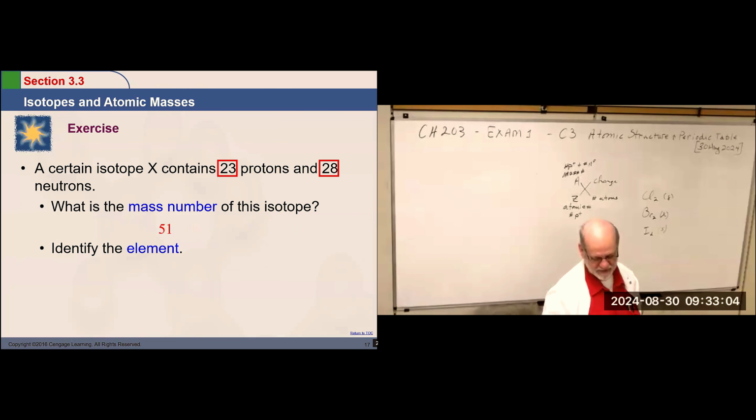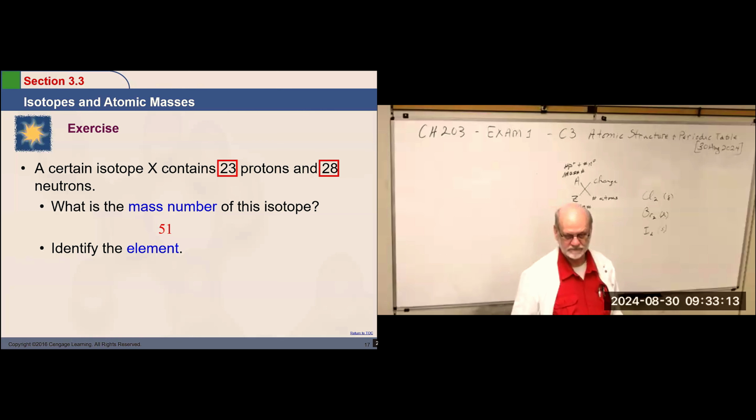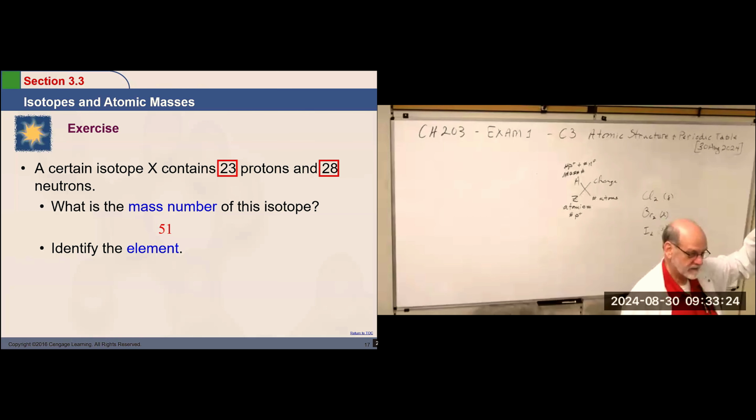All right. So the mass number of this one is 51, 23 plus 28 neutrons. Okay. So what element is it? It has 23 protons, right? Just look up there on the table. The atomic numbers and the atomic weights get bigger from left to right and top to bottom.